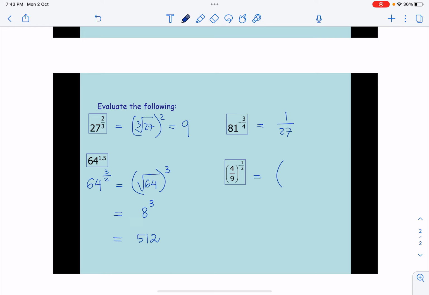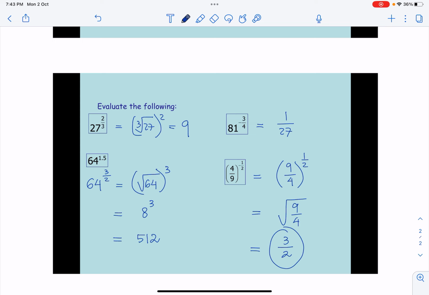So similarly here, 4/9 power negative 1/2. So the negative will actually change the base into its reciprocal, so 9/4, and then power 1/2. So meaning you are taking the square root of 9/4. So square root of 9 is 3, square root of 4 is 2, so answer is 3/2.